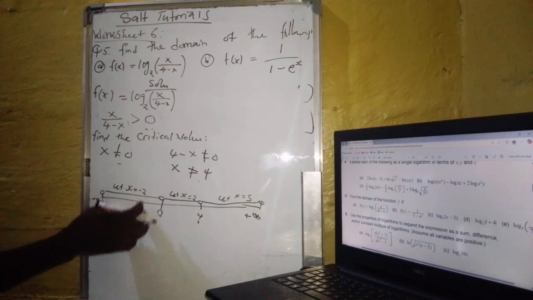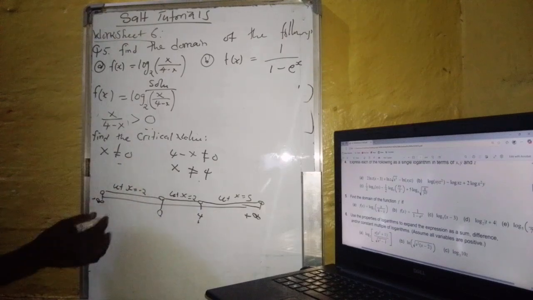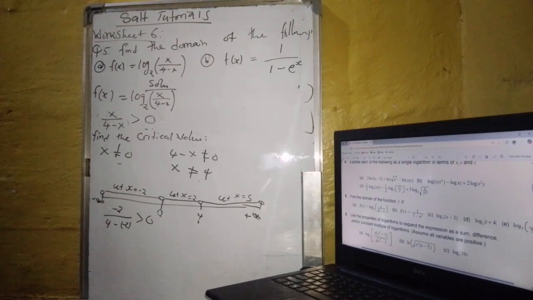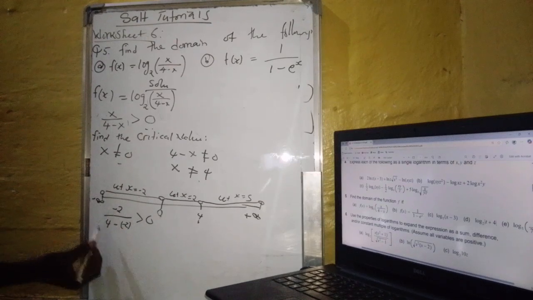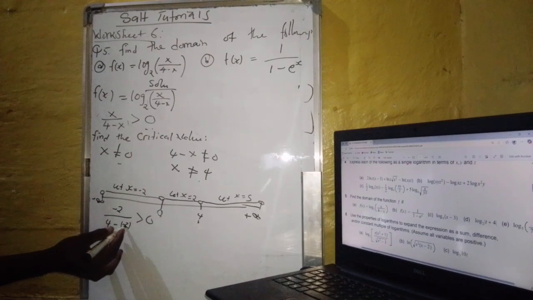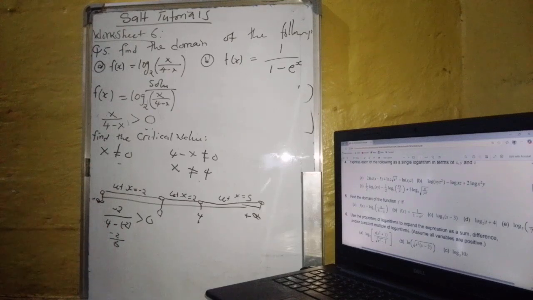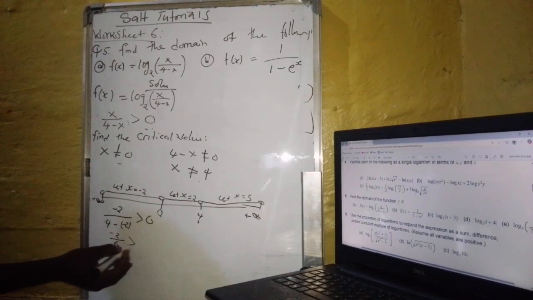So if I'm testing this one, I put negative 2 in there. I'm going to have negative 2 over 4 minus negative 2. Is it true that this is greater than 0? Negative 2 there, this is 2 times negative 2, this is a plus. So negative 2 over 6. Is negative 2 over 6 greater than 0?